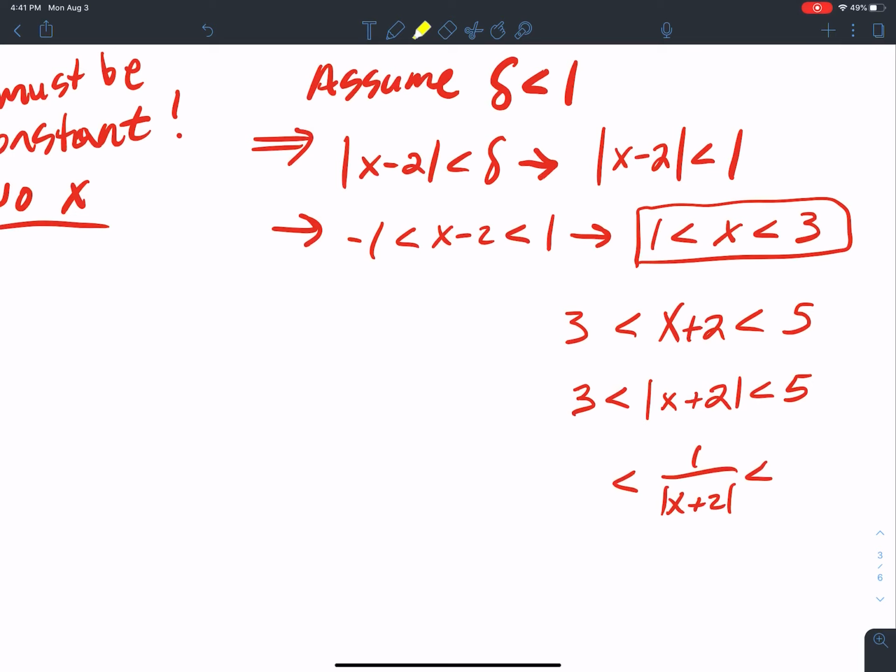Furthermore, now I'm going to do a trick that's very, very powerful. This is reciprocal of inequalities. You think about it like this. If I have 3 and the number 4, clearly 3 is less than 4, and that's less than 5, right? We agree on that? Well, guess what? If I do the reciprocal of this, is it true that this is the case here? No, 1/3 is bigger than 1/4, right? Actually, it reverses, okay?